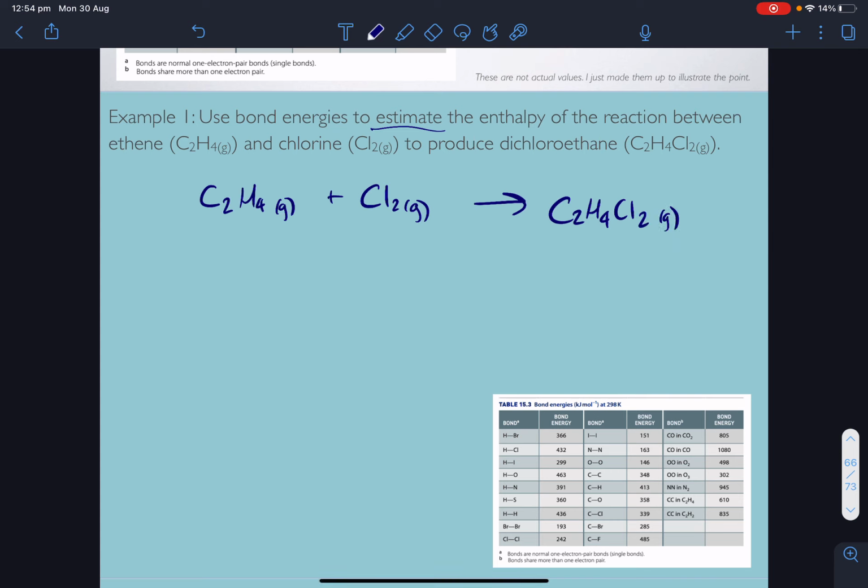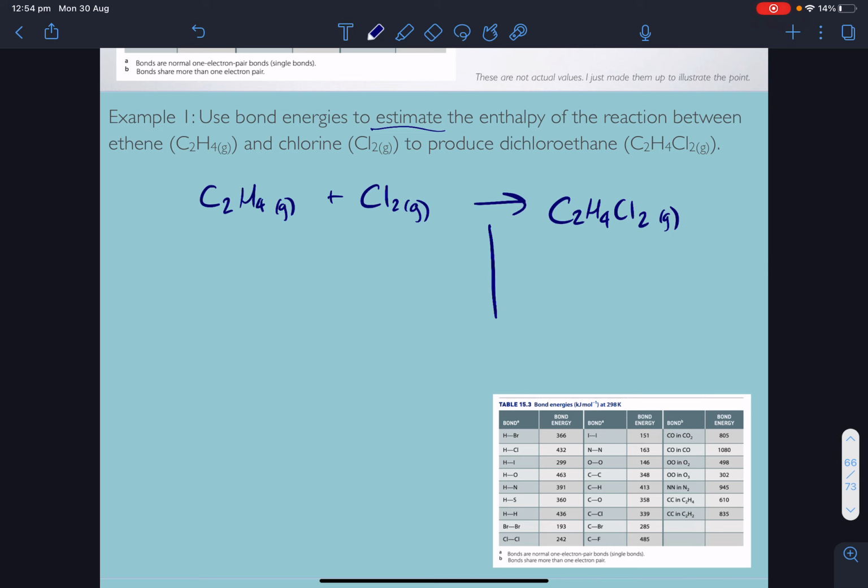You can see here that we're all balanced, so we haven't got any stoichiometry. So what we can do is just estimate. Add the bond energies in the products and the reactants and see what we get.